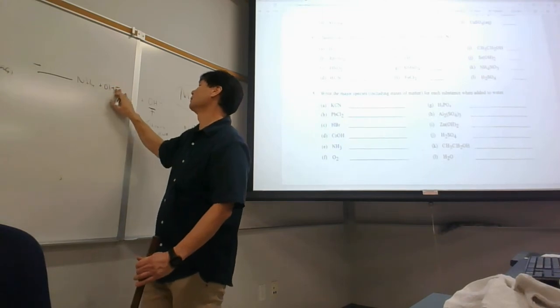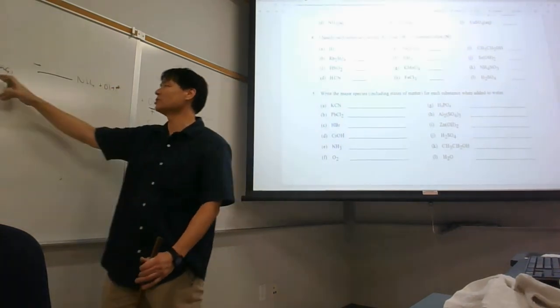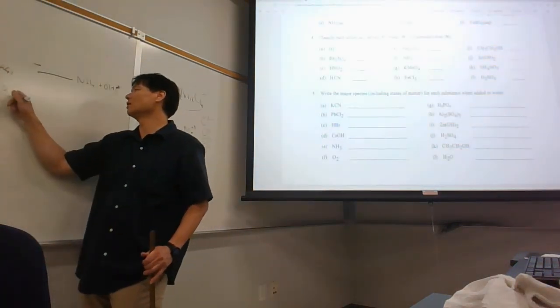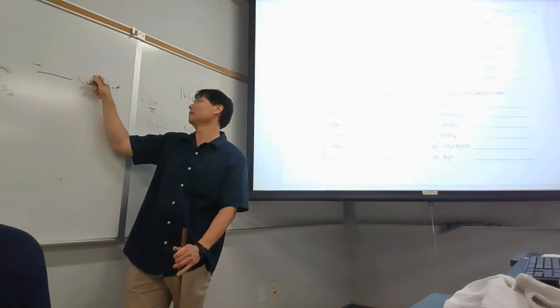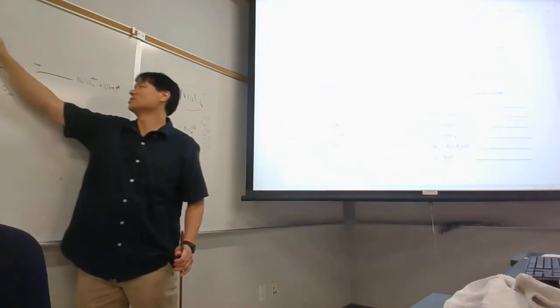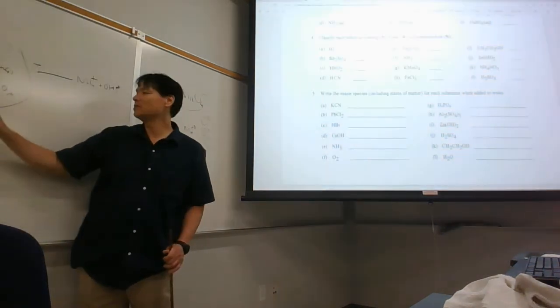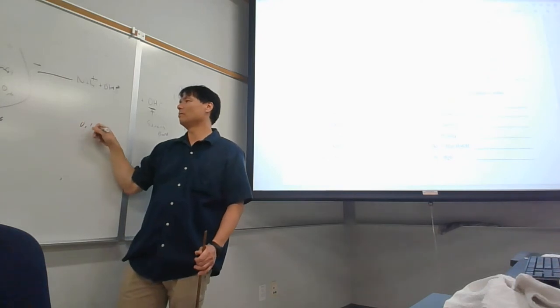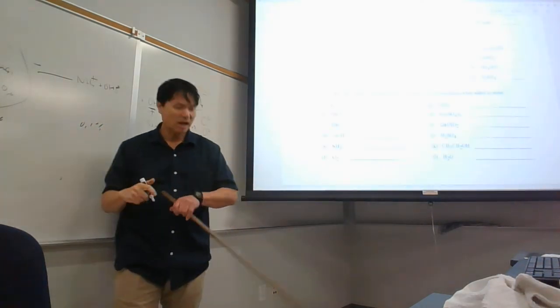We need the water. Because bases don't dissociate, bases hydrolyze. So we need the water. And so ammonia plus water is going to give us ammonium plus hydroxide. This is the major species. Yeah. This is more like 99.9%, and only about 0.1% hydrolyze here.